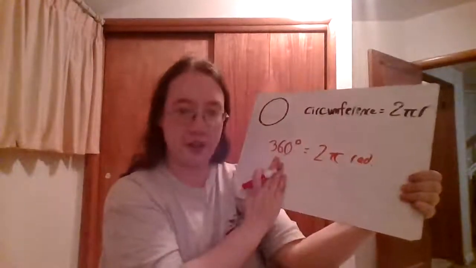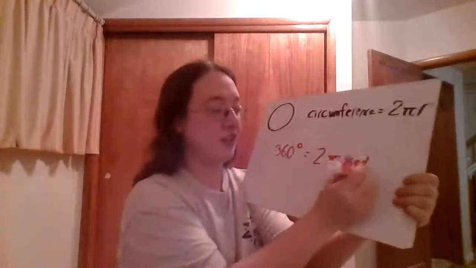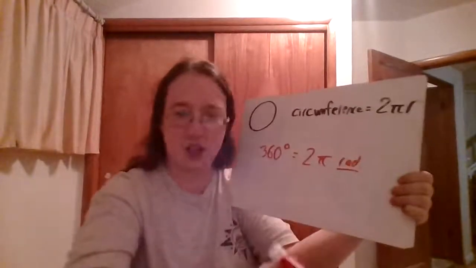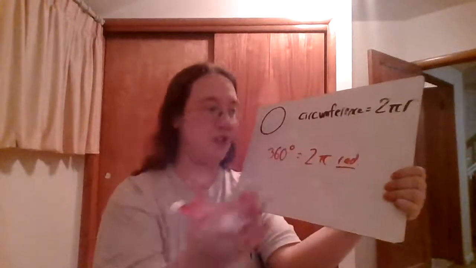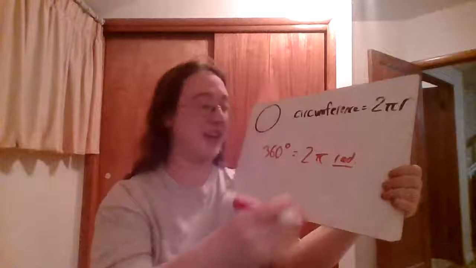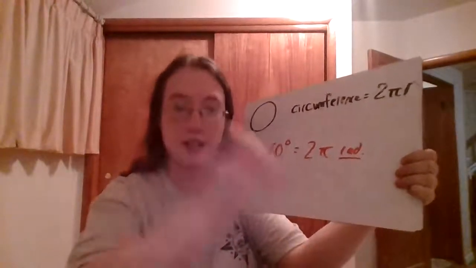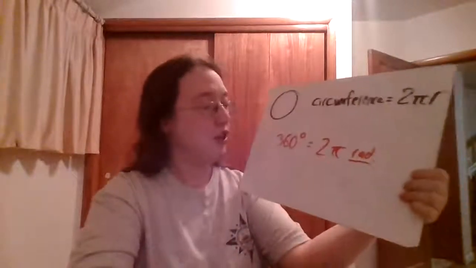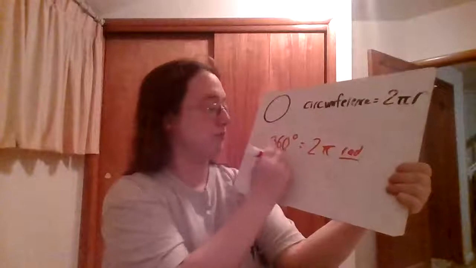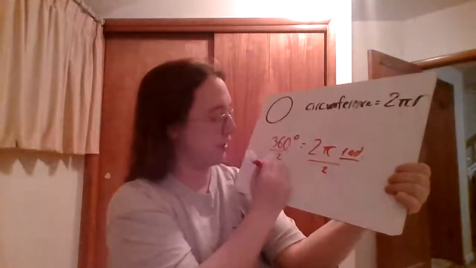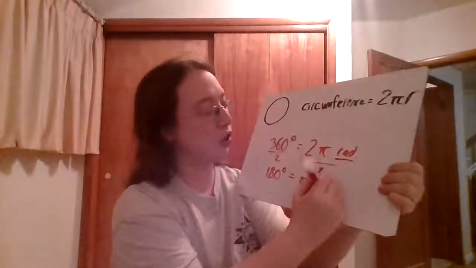So 360 degrees is 2 pi radians. So that's just another way of measuring, like inches and centimeters, or feet and yards, or liters and gallons. So this is another unit of measurement. So it's another system. And if we want to make this a little bit simpler, these are both divisible by 2. So 180 degrees is pi radians.